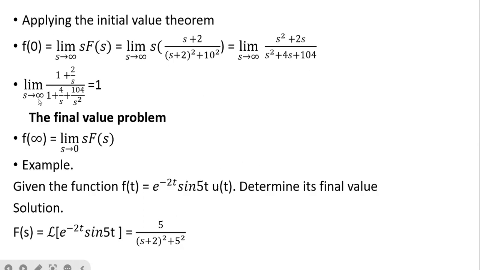The purpose is to bring this function to a normal fraction. If we don't do that and you just substitute s into infinity here, everything goes, and you are going to have infinity divided by infinity. By doing this, we'll be able to deal with this infinity very well.